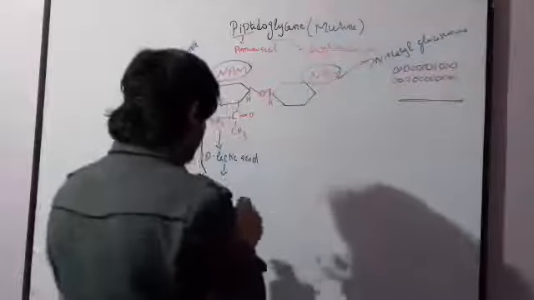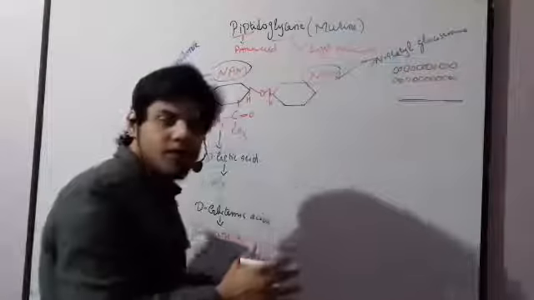With D-lactic acid, we have another molecule, L-alanine. In short form, we can write L-ala, meaning L-alanine. And after that, we have another amino acid, D-glutamic acid.